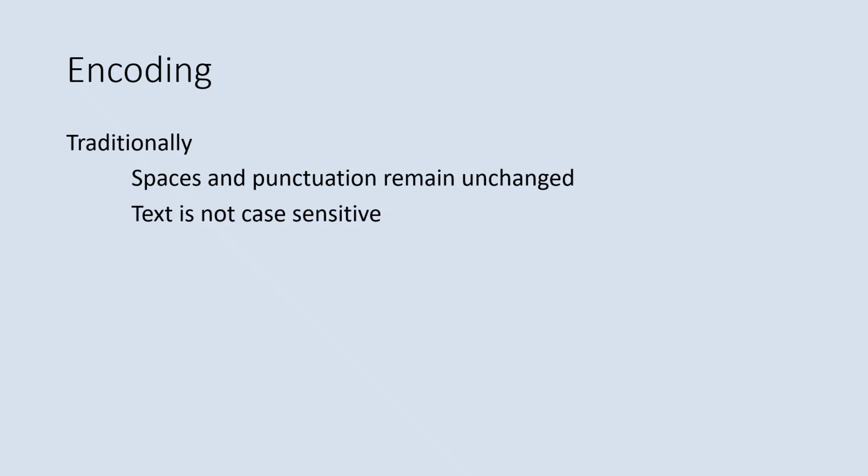The text in the traditional sense is not case sensitive. We were just dealing, say, with all capital letters, all uppercase. We will look at a broader sense of this. Spaces and punctuation by the end of today will not remain unchanged. And the text will be case sensitive, but at the beginning, we'll go with this.